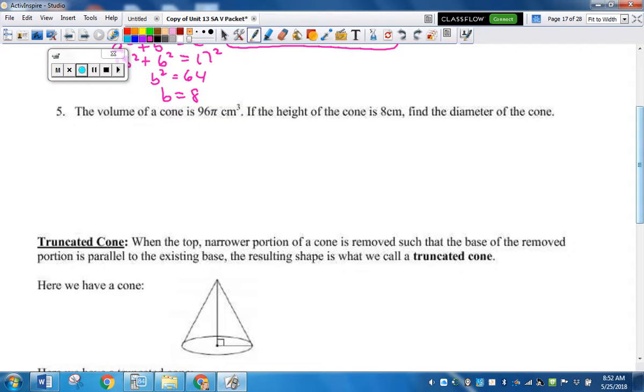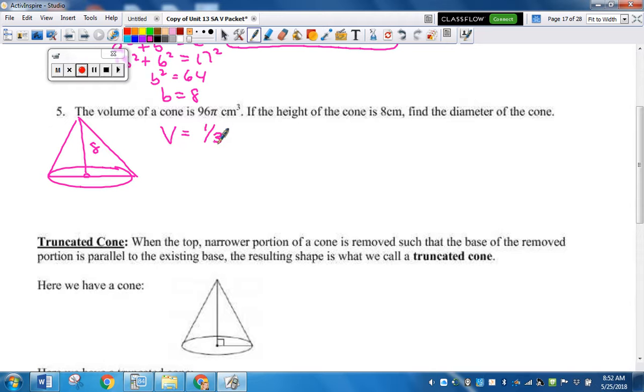All right. So what's different about this one? They give you the volume of the cone, right? So the height of the cone is 8 centimeters, and they want us to find the diameter of the cone, so we don't know the radius. All right, so let's see.